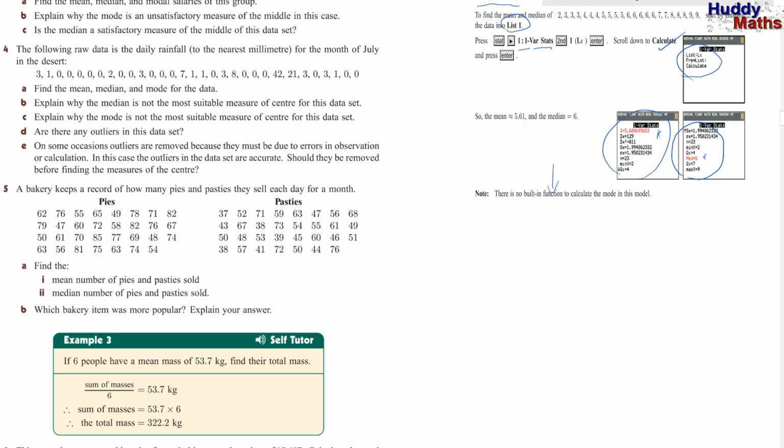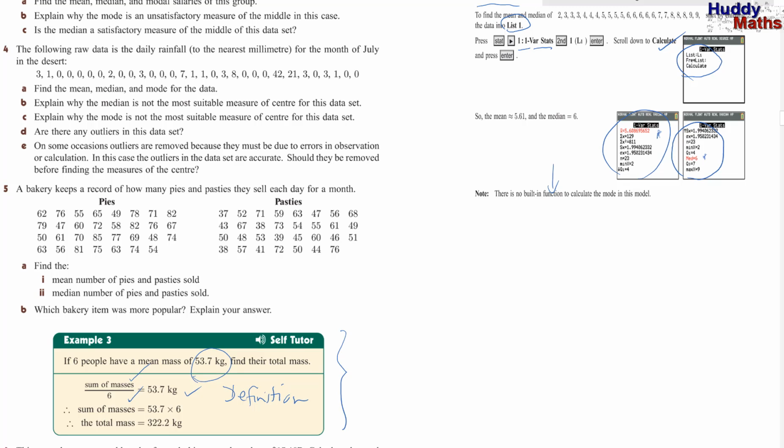Here's an example we should have a look at. If 6 people have a mean mass of that, find their total mass. Just remember the definition is the sum of all the things divided by the number is the mean. So set that definition up, and what you want to know is what they weigh in total.